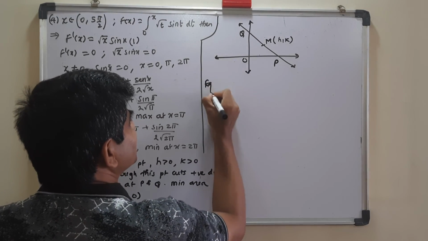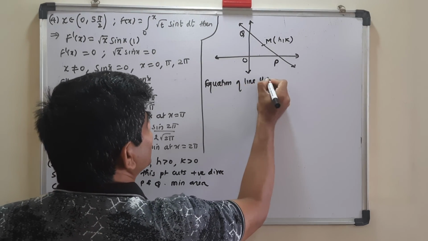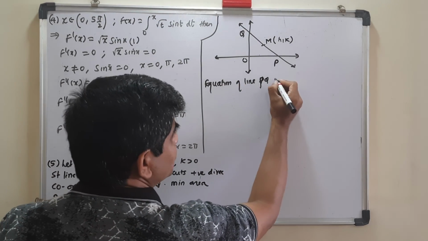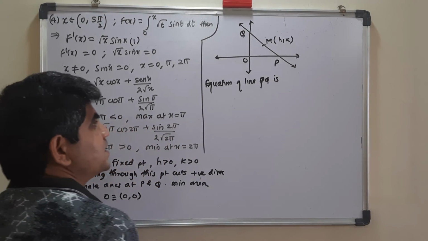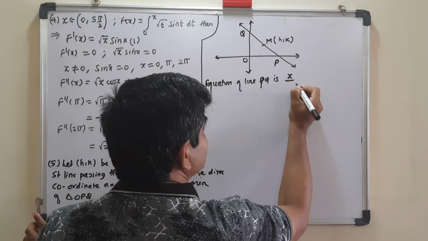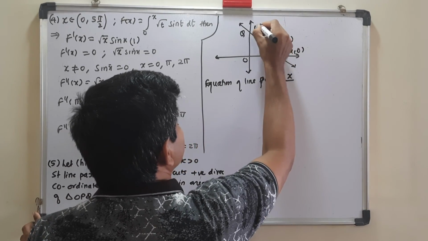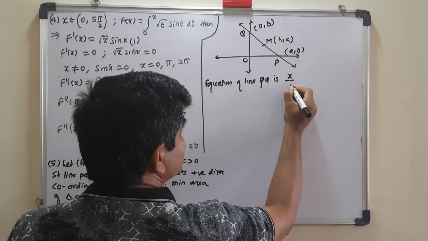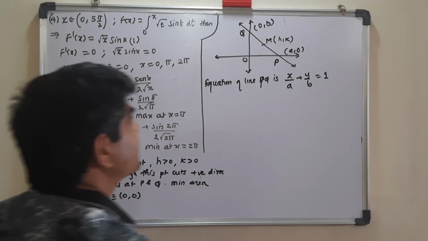The equation of line PQ, I am writing it, is x upon x intercept. Let this be a comma 0 and let this be 0 comma b. So x upon a plus y upon b is equal to 1.